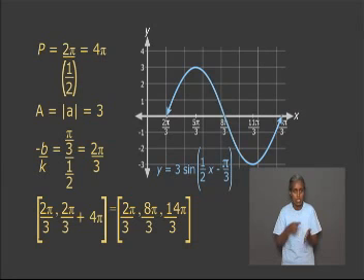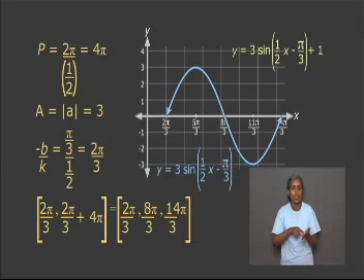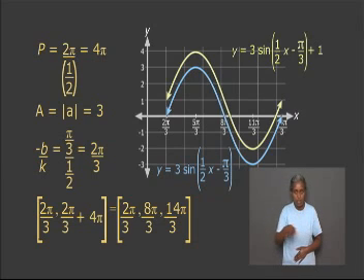We plot these points on our x-axis, but before we draw our graph, we shift the points in the positive y direction by 1. Then we can draw our graph with the amplitude of 3.